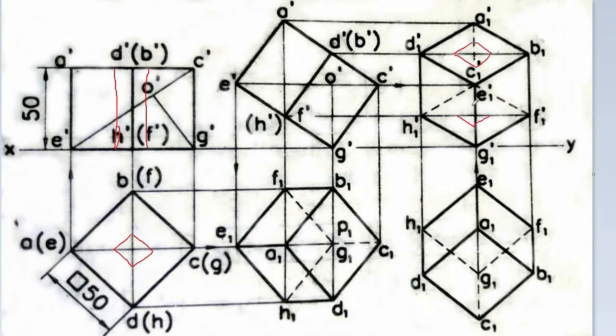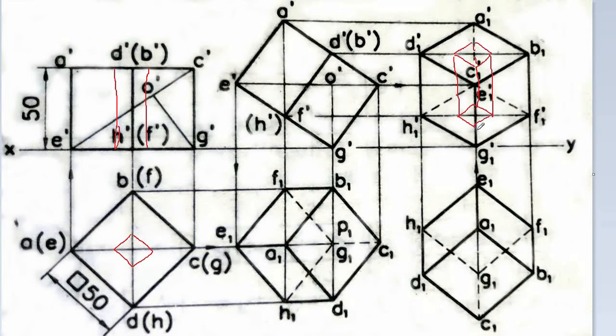I'm drawing a rough sketch. And you can connect these two ends, and here we have dotted lines. This line also will be dotted, and this is the isometric projection of that square prism. And this square prism is centrally placed inside the glass cage.